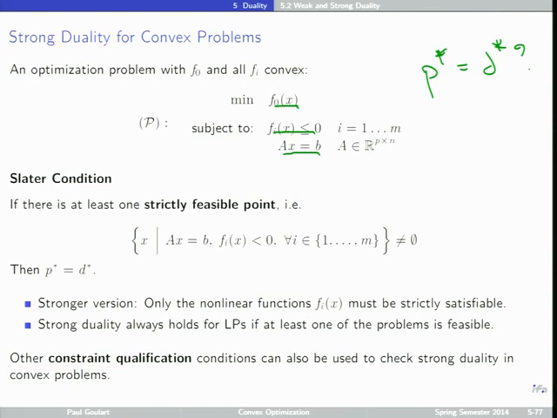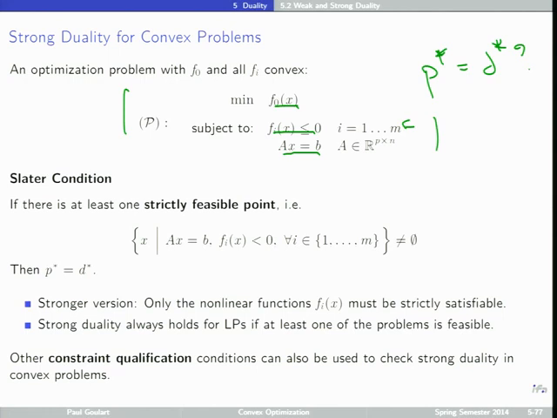Well, the answer is that I can tell if this is going to work out by looking at the problem P and checking to see: is there at least one x, not the optimal x, but just any x, that satisfies all of these inequalities strictly? I can think about these constraints as defining for me in X some region that the decision has to live in.